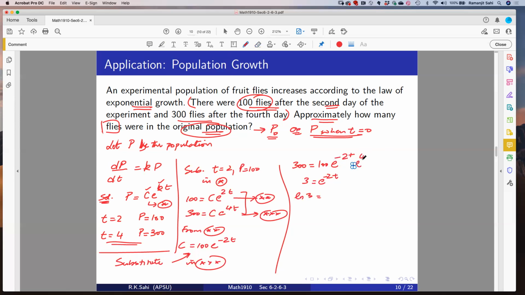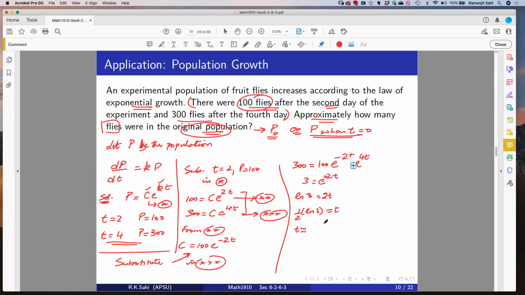Times e to the power 4k. Now this is e to the power plus 2k. So 3 equals e to the power 2k, and half of natural log of 3 equals k.